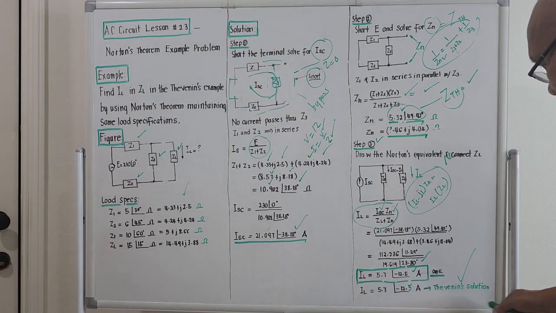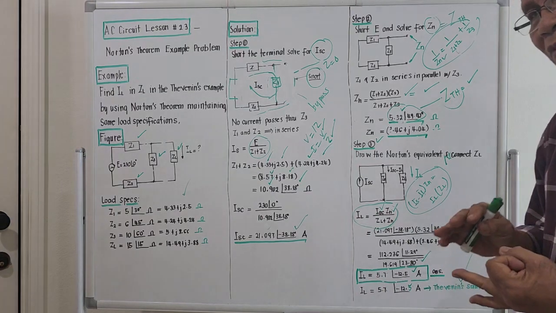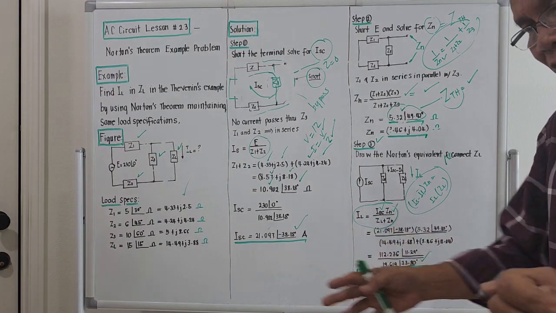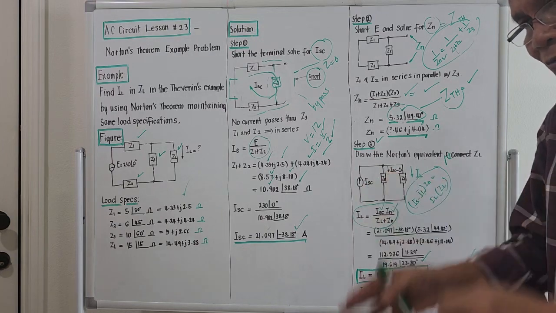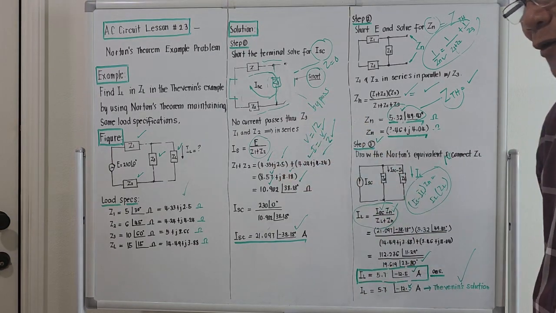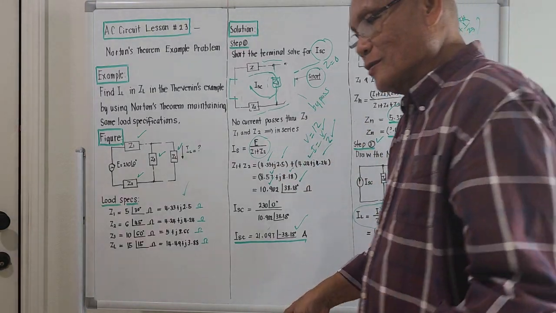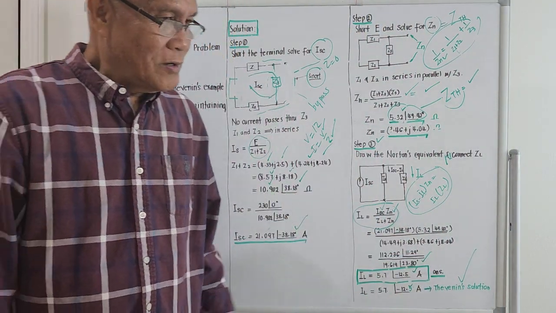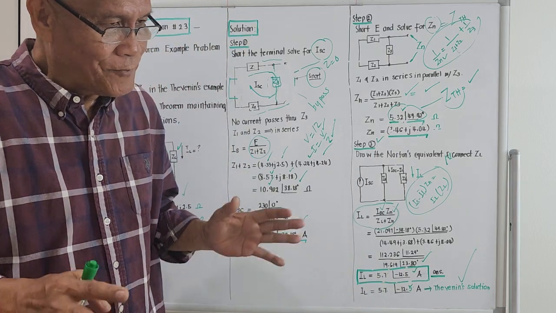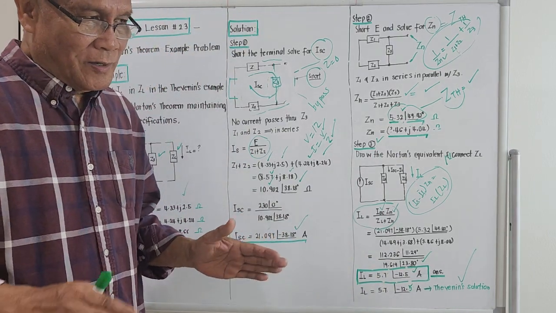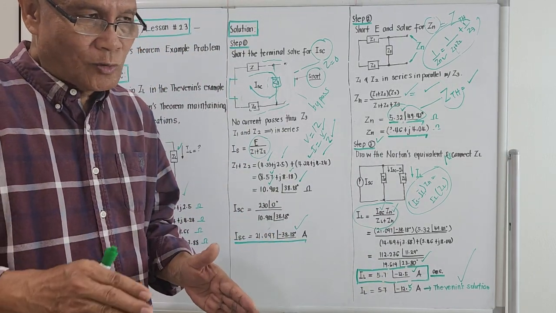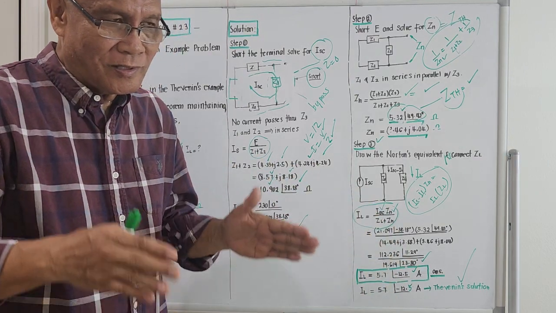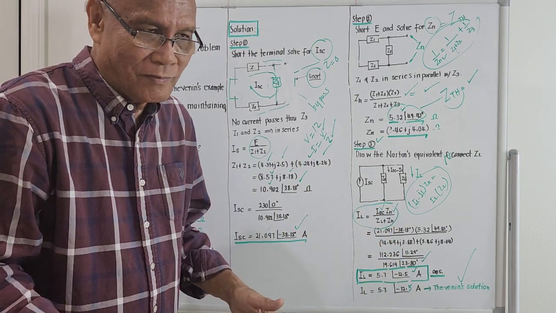So it means that Mr. Thevenin's and Mr. Norton's, according to their theorem, came out with the same answer for the same problem. That's the importance of the so-called Thevenin's and Norton's theorem. So you now know how important theorems are. If you are solving a problem and it will be solved by another solution, the result should be the same.